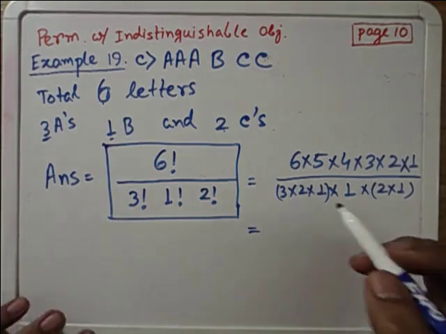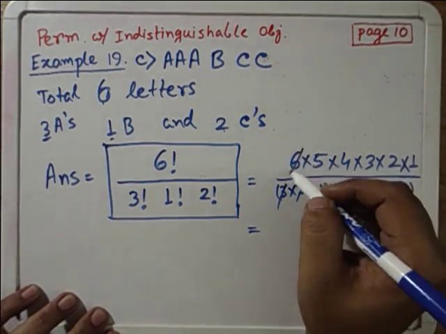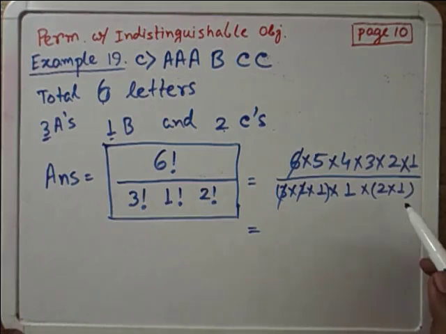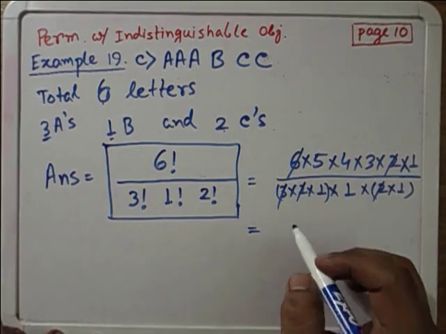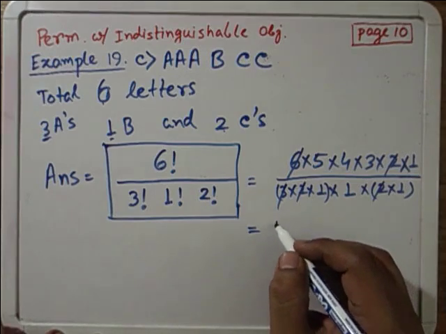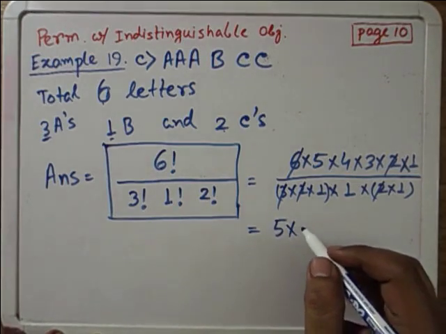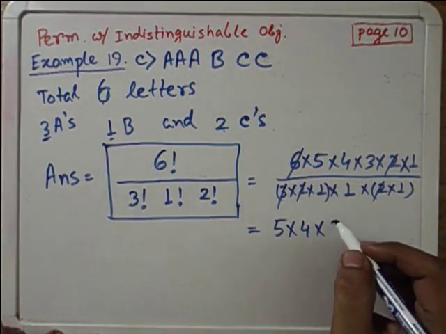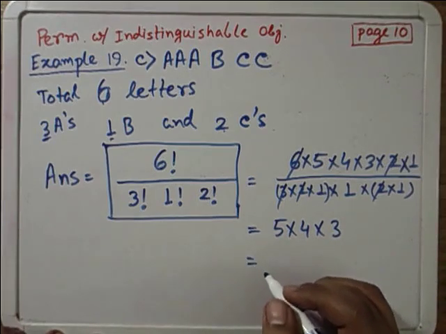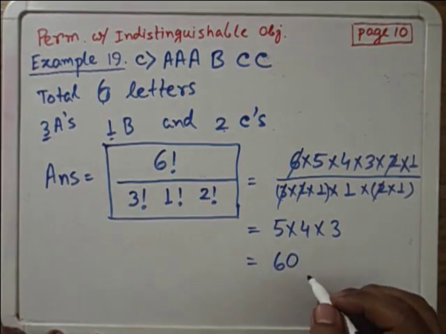Okay, so 3 times 2 is 6, and 2 goes from here, so we are left with 5 times 4 times 3, which is 60.